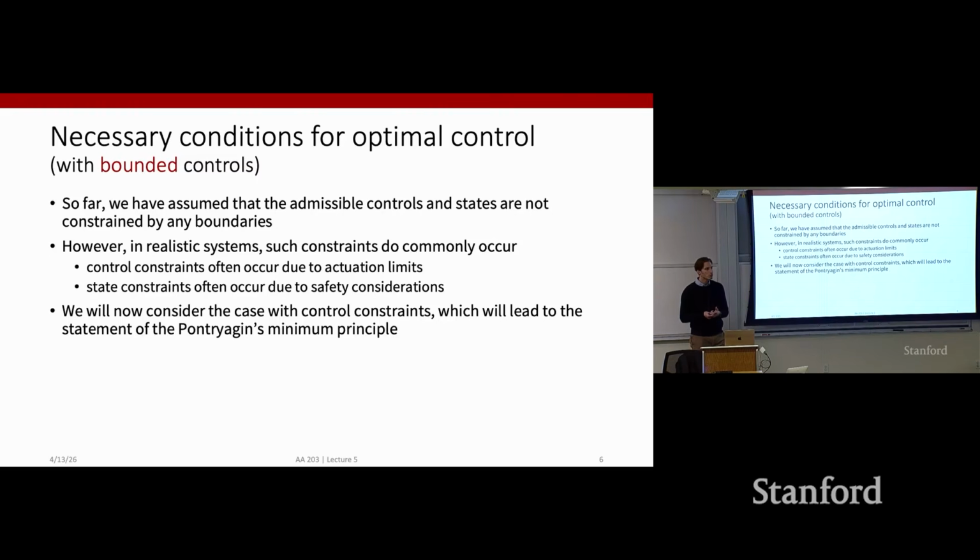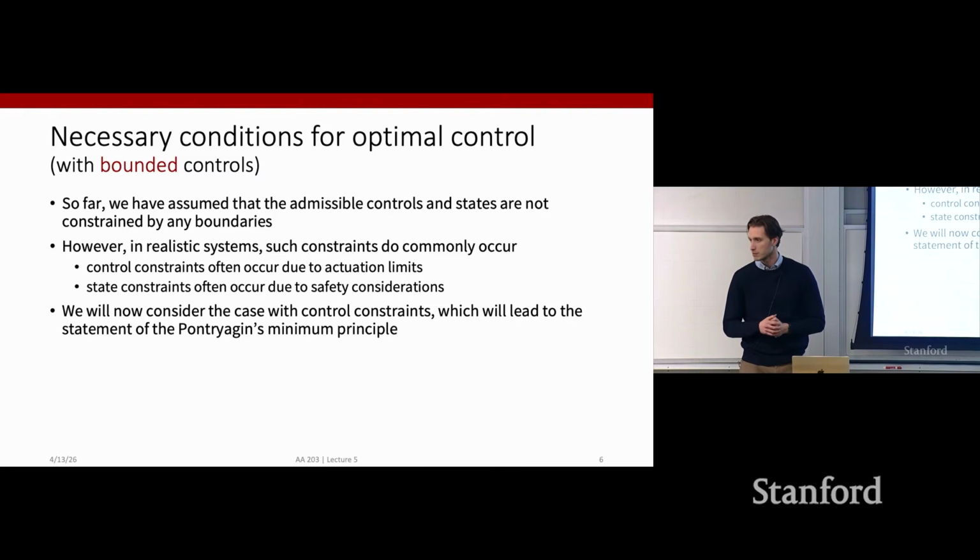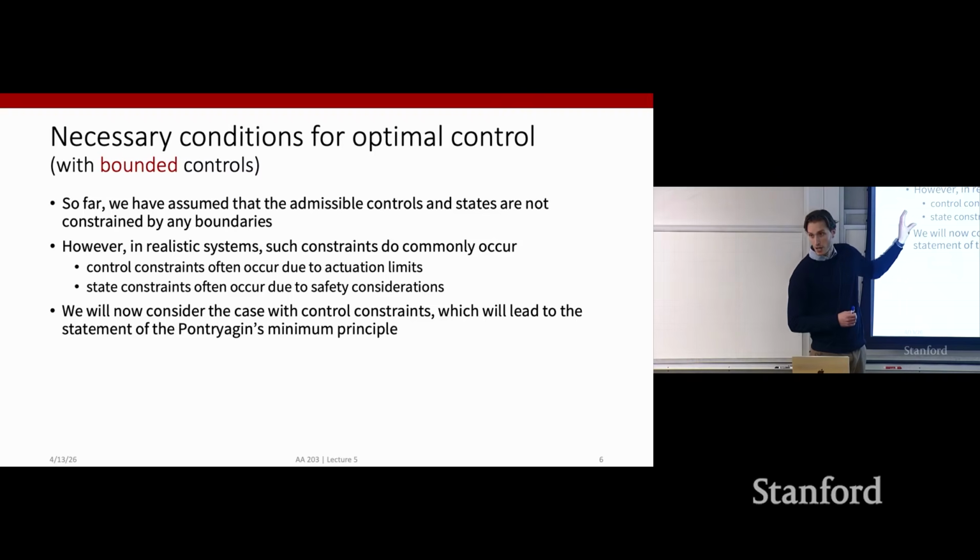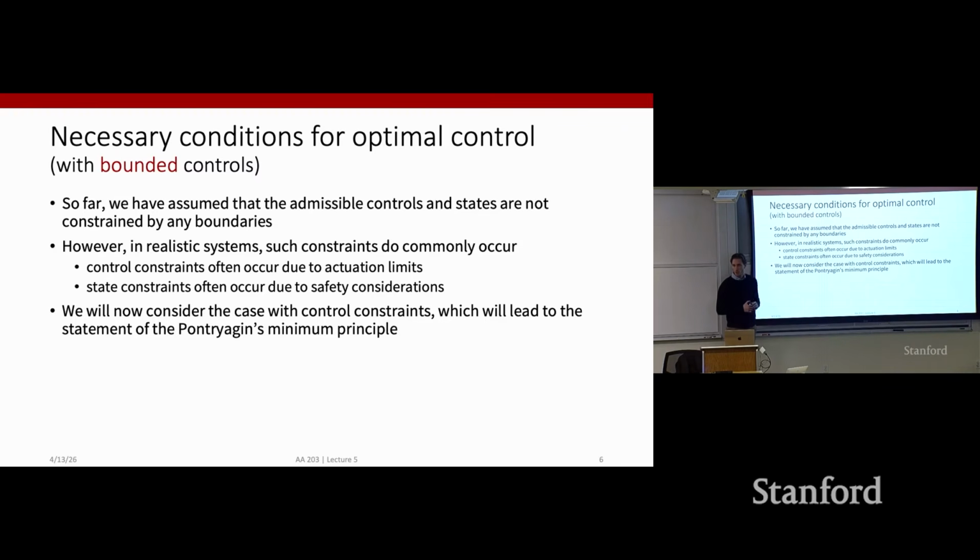What people usually do is cast the problem as a motion planning problem, where you're abstracting away from the dynamics, or at least simplifying the dynamics, and more geometrically solving the trajectory optimization problem. And then you're using those insights that you get from these more abstract solutions to inform your indirect methods. So long story short, we want to expand our analysis, and we're going to focus on the bounds on the controls.